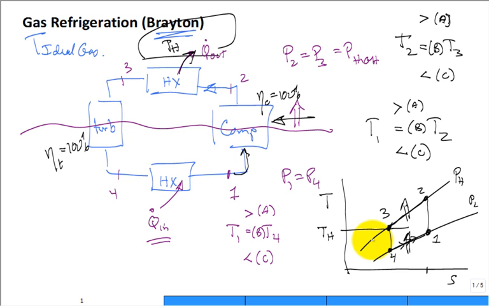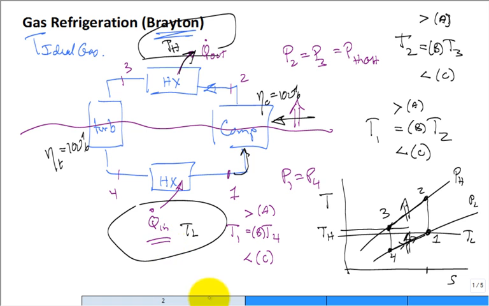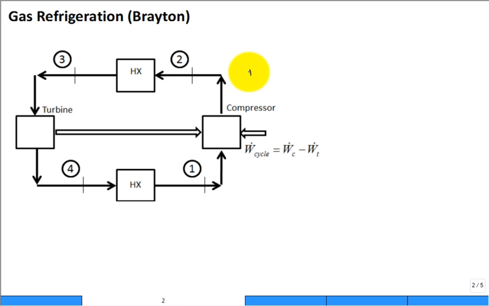Otherwise, you're going to have some problems, true? And the temperature where you're picking up the heat needs to be higher than T1. Otherwise, it's not going to get it all the way to T1. Right? Okay, so that's good. So this was our illustration.